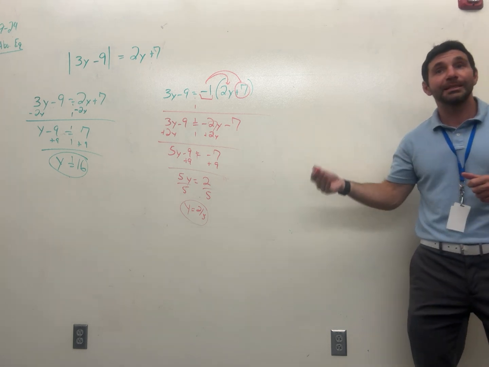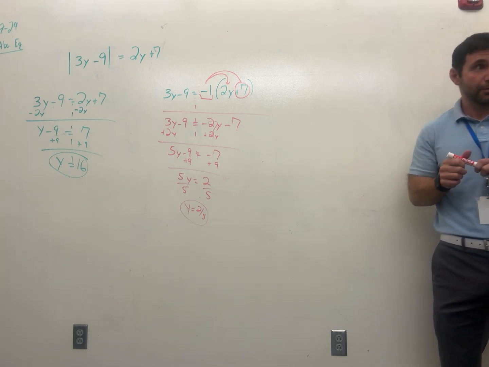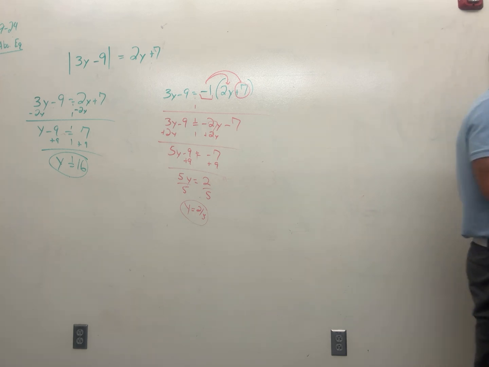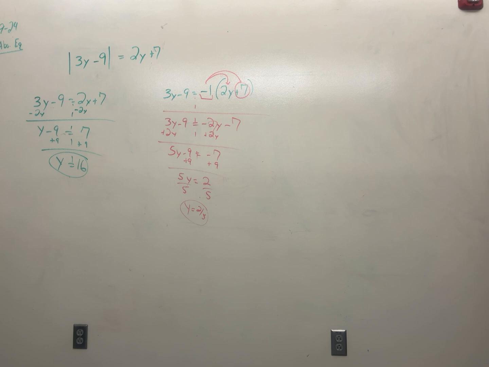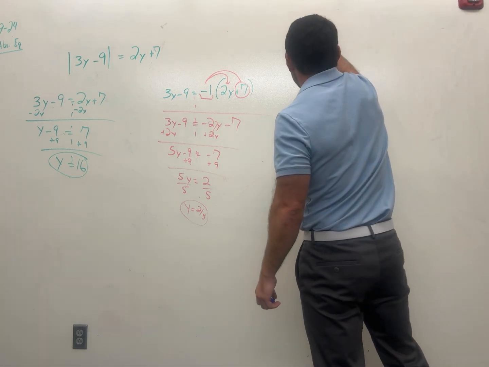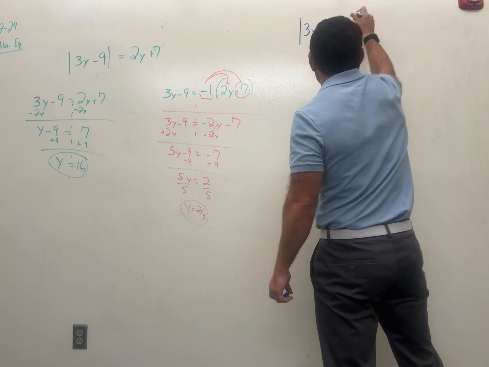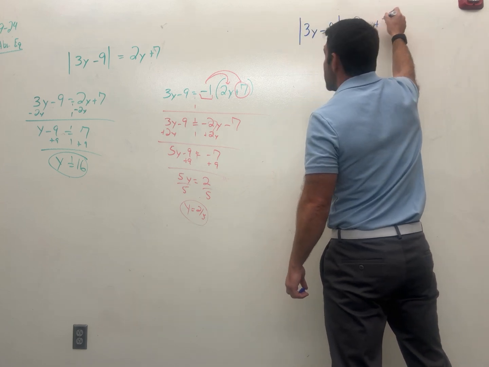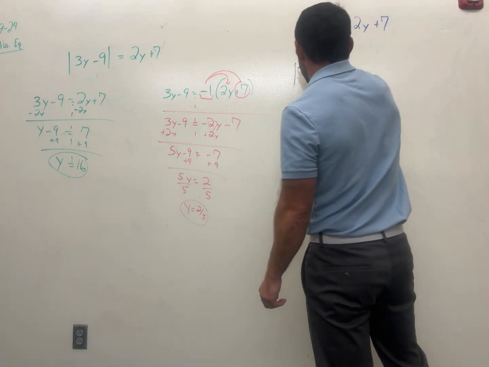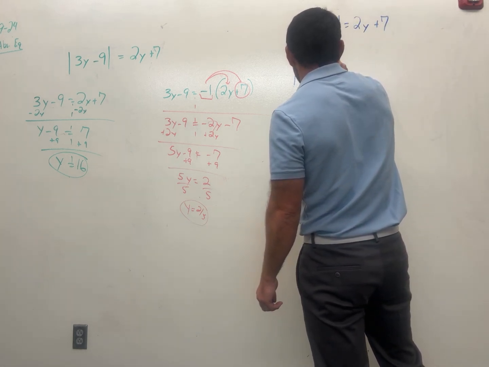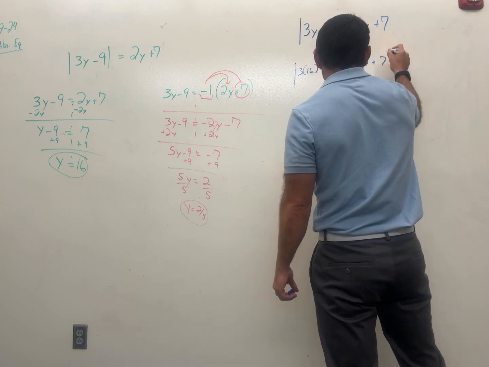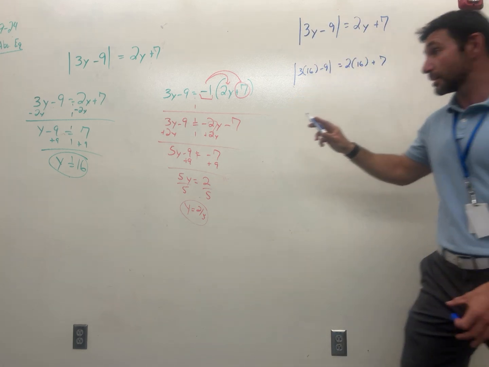What do I need to do now? What do we have to do? Check it. Check it, because there are things called extraneous solutions. So now I come back in here, the absolute value of 3y minus 9 equals 2y plus 7. We always go back to the original. So now I'm going to say the absolute value of 3 times 16 minus 9 equals 2 times 16 plus 7. This is checking this one.